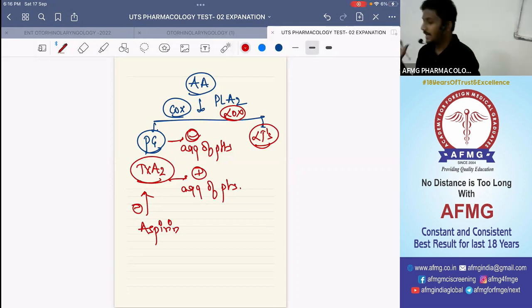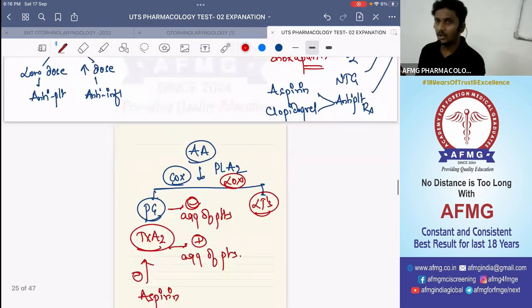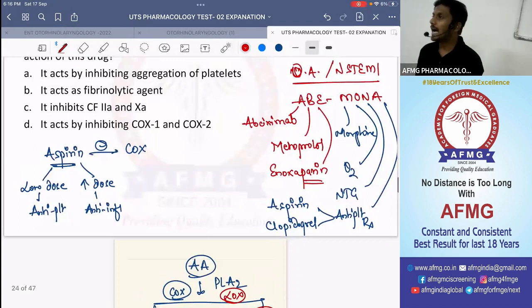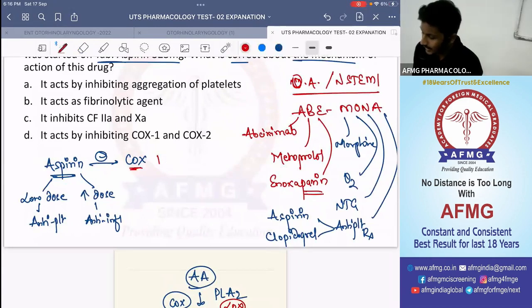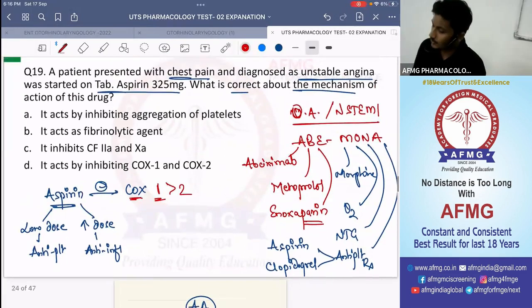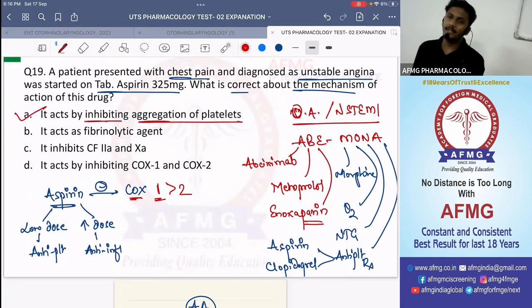No problem. And it inhibits which enzyme? Cyclooxygenase enzyme. Now some books definitely say it inhibits COX-1 as well as COX-2. But for antiplatelet action, it has been seen that it selectively inhibits COX-1 more than COX-2. It has minimal action on COX-2. So here the better answer would have been option A, it acts by inhibiting aggregation of platelets, because that is the more selective answer.